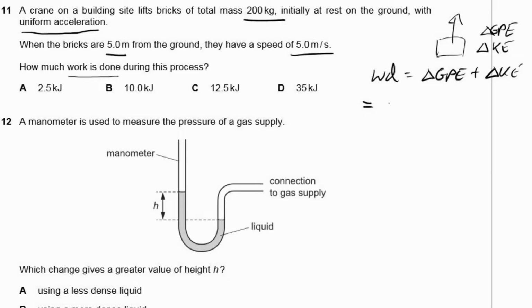Okay, so gravitational potential energy, we have mass times gravity times height, which is 200 kilograms, times gravity, that's 10 meters per second squared, times height, which is 5 meters, plus our change in kinetic energy, which is 1/2 mv squared, 1/2 times 200 kilograms, times v squared, which is 5 meters per second squared.